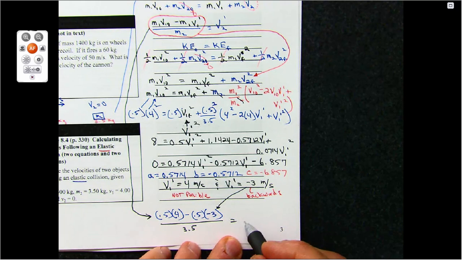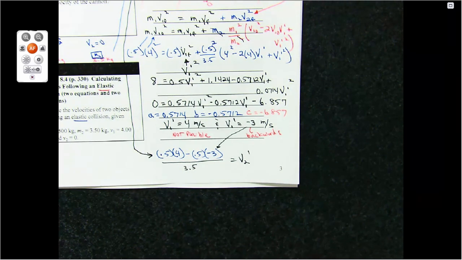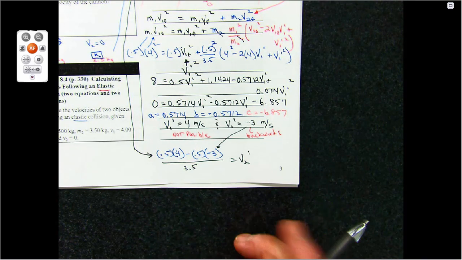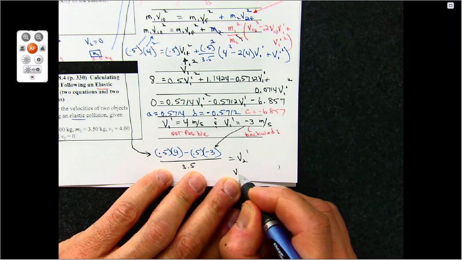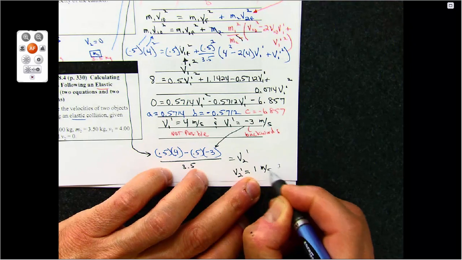That gives us V2 prime. You get what? I got 1. Do we get 1? So V2 prime is equal to 1 meter per second.